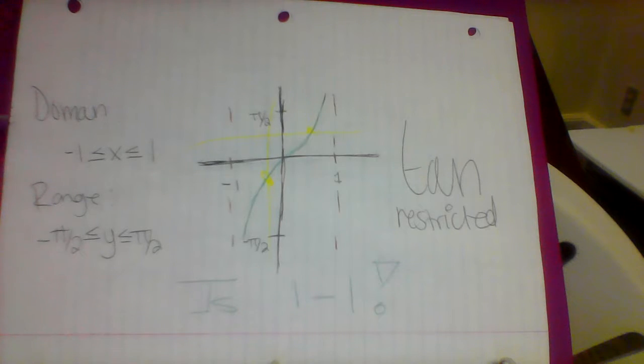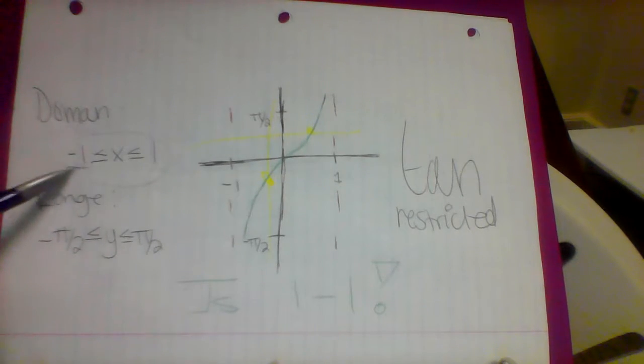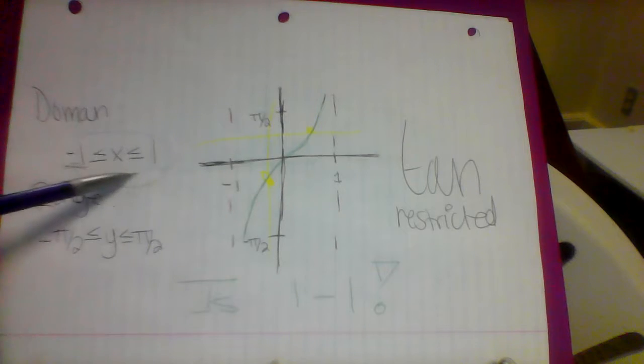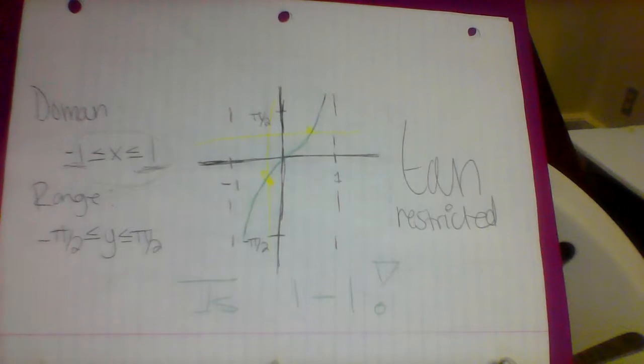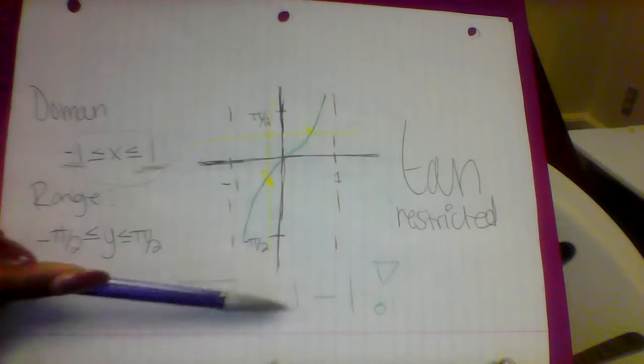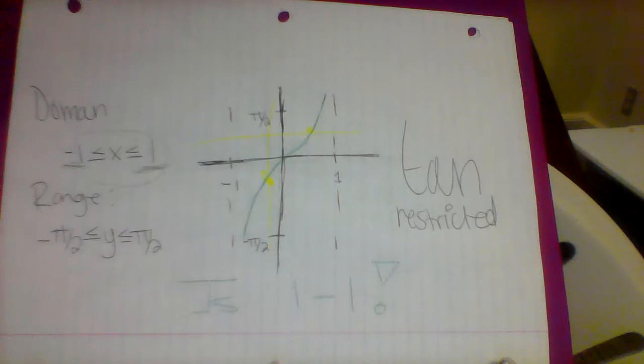So if you were to write this in interval notation, it looks just like this, with the -1 right here and then the 1 right here. So the domain is all the x's. If you were thinking about it opposite, the range is all the y's. So we're looking at this axis right here.